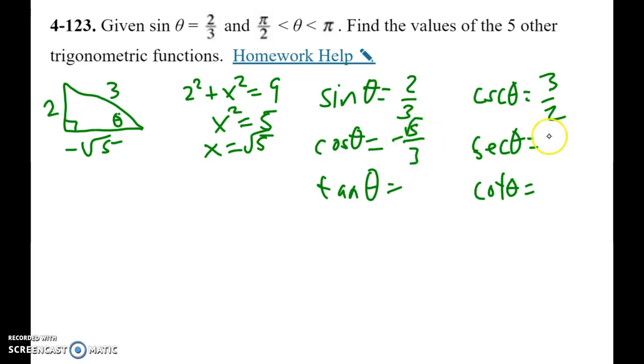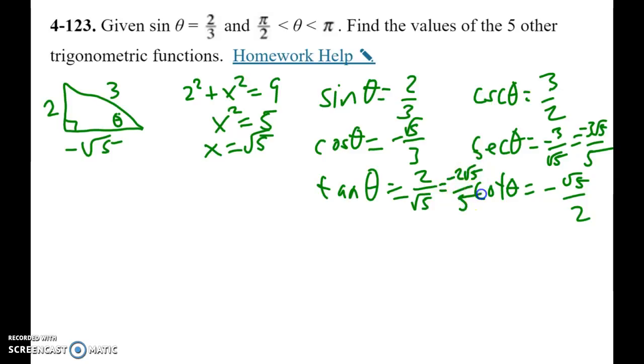The reciprocal of that would be negative 3 over root 5. Rationalized, negative 3 root 5 over 5. Tangent is opposite over adjacent, so 2 over negative root 5. The reciprocal of that would be negative root 5 over 2. I just need to rationalize this, so negative 2 root 5 over 5.